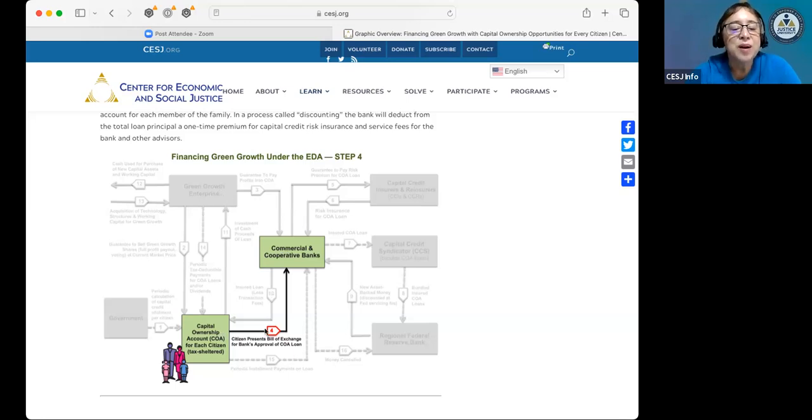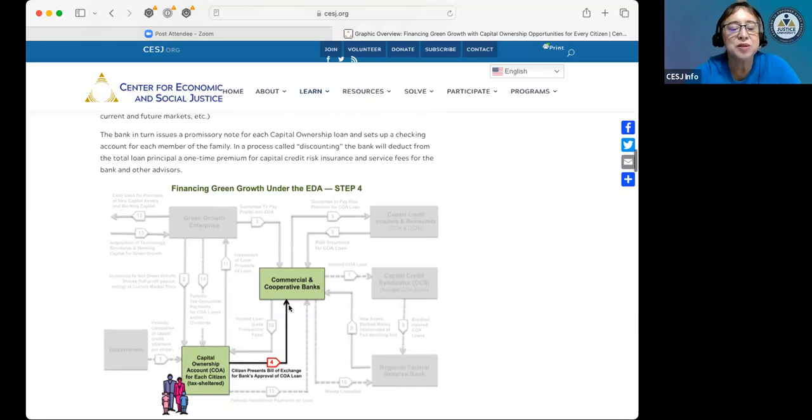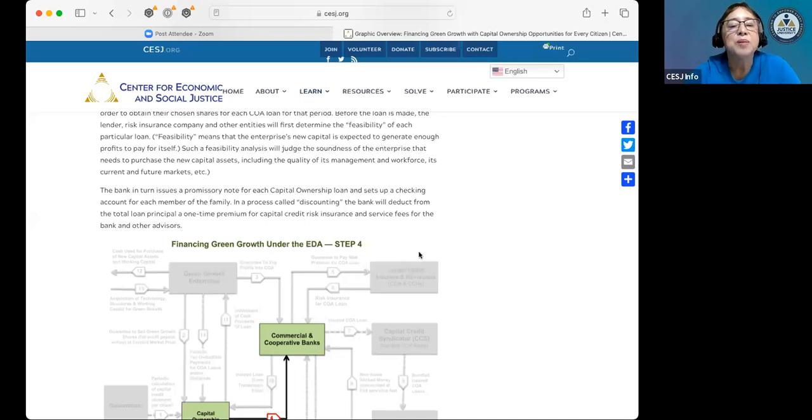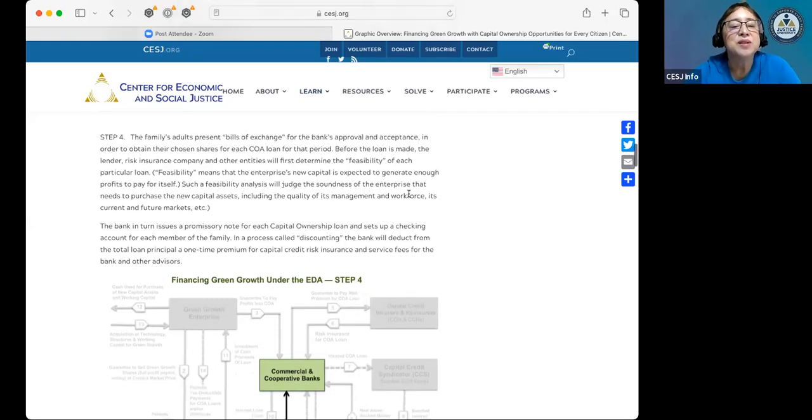Once you have this bill of exchange, it can be drawn up even by the bank itself, so it doesn't require that citizens be lawyers who have to write these documents up. So that's going to be in this transaction here. So going back, I'm going to just read this.